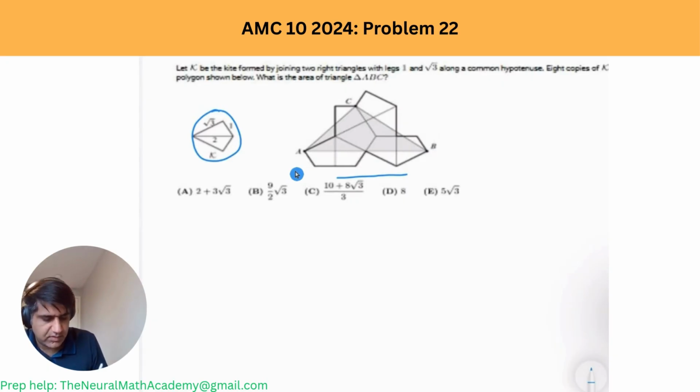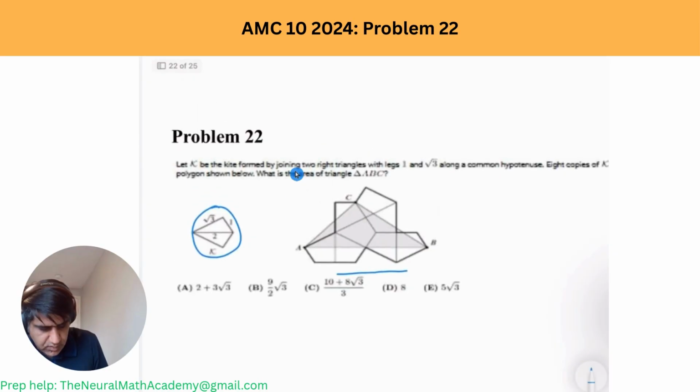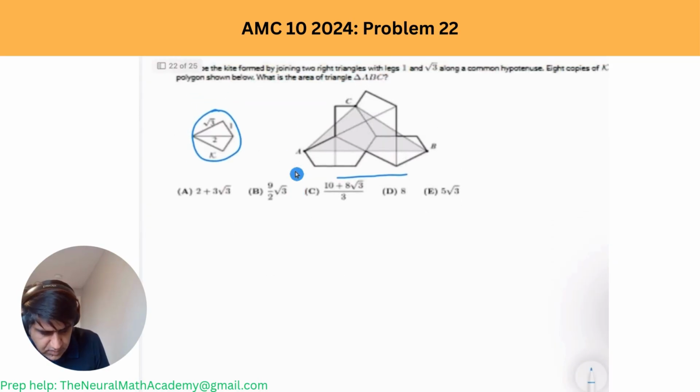So let's first identify the kites in this polygon. If we see here, this is the first kite. This is number 1, 2, 3, 4, 5, 6, 7, and 8.